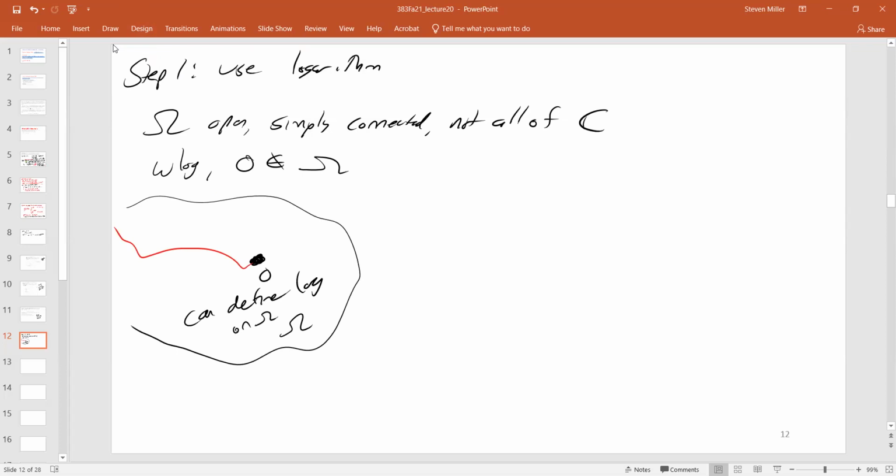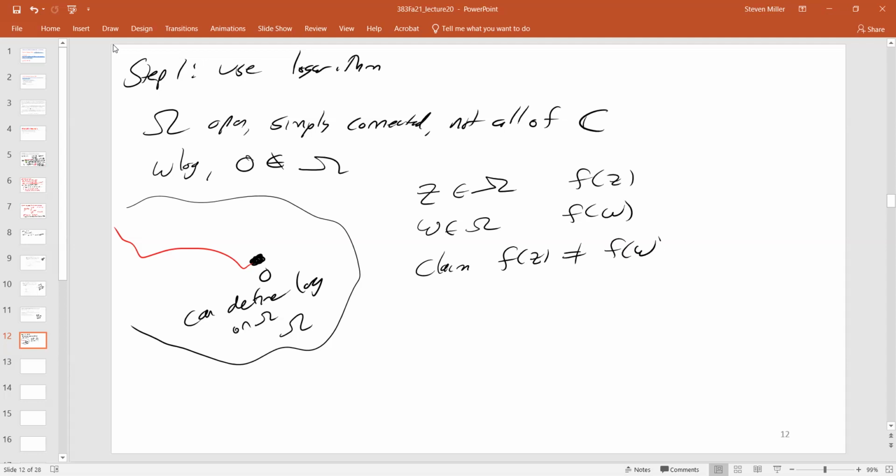And then what the book goes through and does is a sequence of calculations. It shows, let's say you have z in omega, and you'll have f of z. So you have w in omega, you have f of w. And then the claim is f of z does not equal f of w plus 2 pi i.